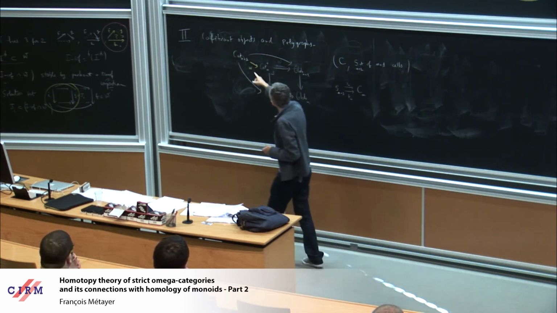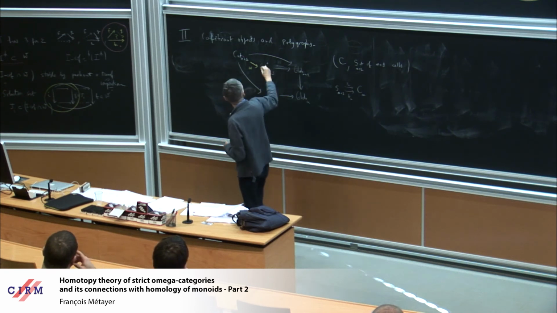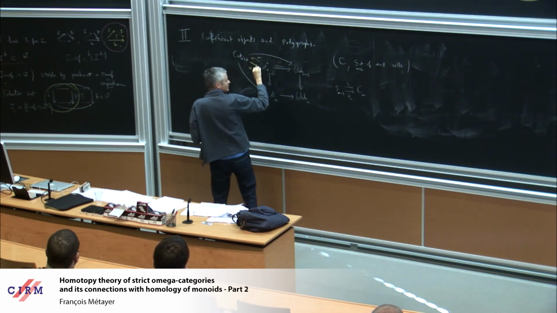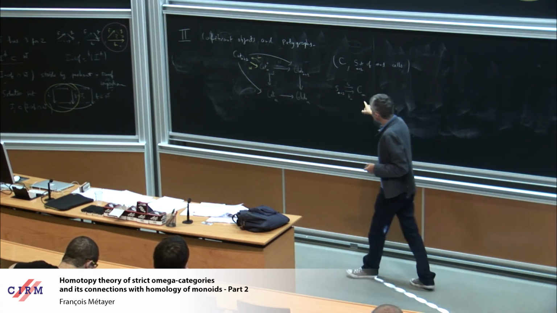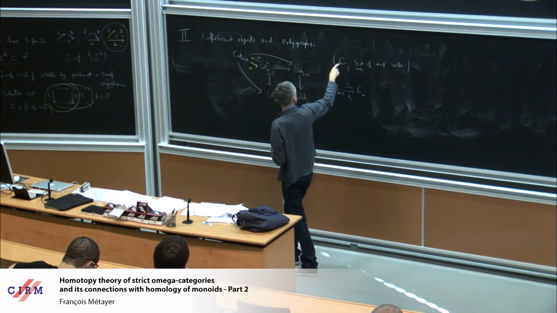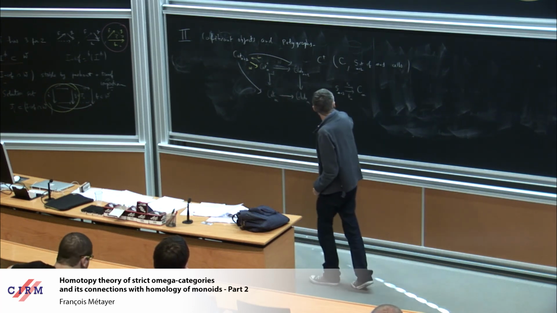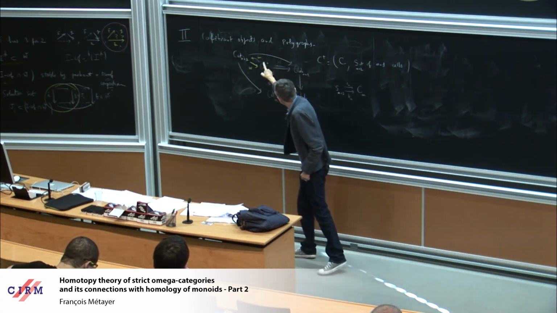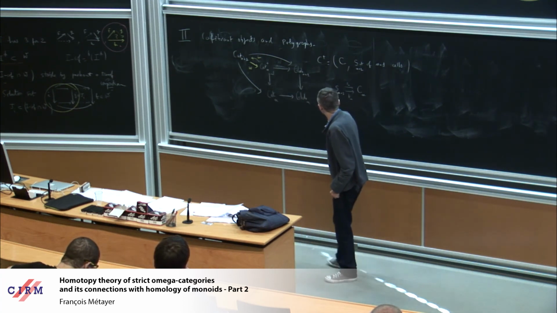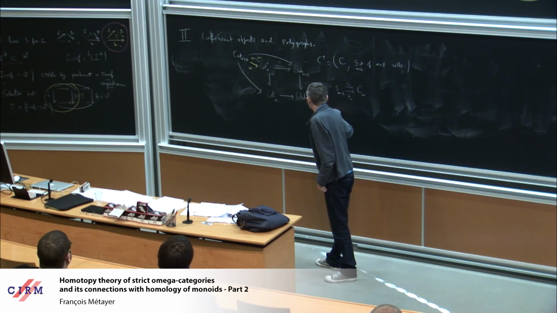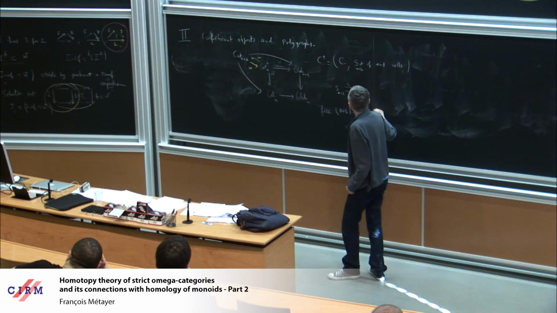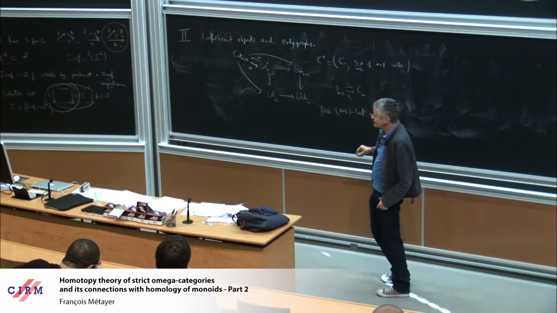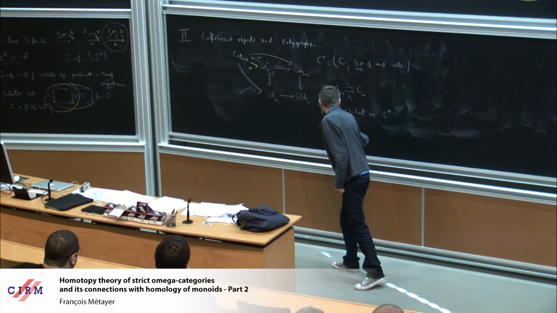Okay, so this functor happens to have a left adjoint here, L, meaning that if you take an object C+ in this category here, you can build the free n+1 category on C+, L of C+.